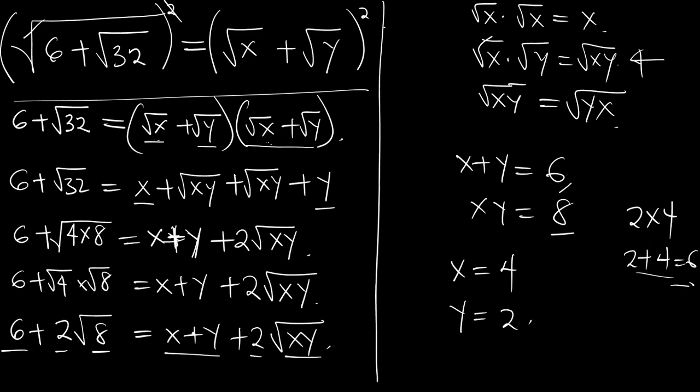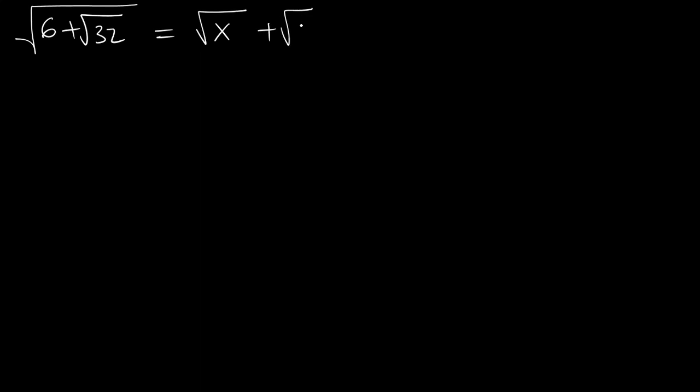So now, having gotten this, we'll go back to that. Since we said the square root of 6 plus the square root of 32 is equal to the square root of x plus the square root of y, and since here is plus, you can use any one to be your x and any one to be your y.